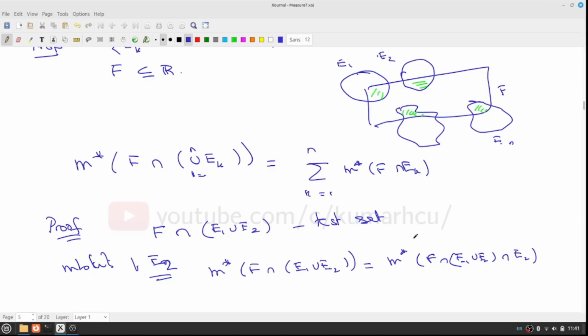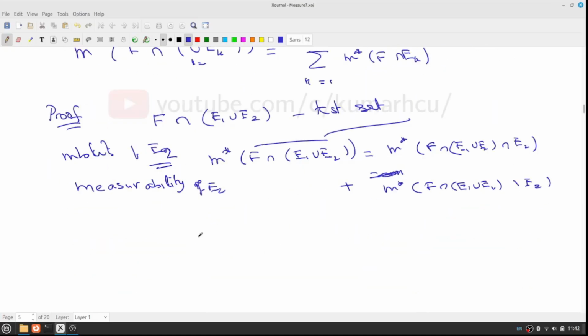What am I going to get? I am going to get m star of that, plus, let me write the second term, m star of F intersection E1 union E2 minus E2. This is using measurability of E2 with this as the test set.